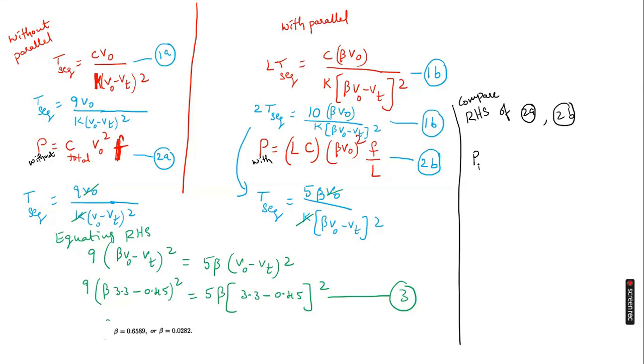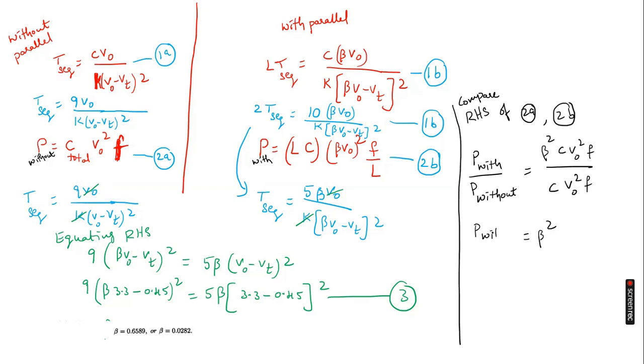If I take the ratio of the power consumption with parallel processing and without parallel processing, it becomes C into beta square V naught square F in the numerator, and in the denominator, without beta square, C V naught square F. So this ratio becomes beta square.